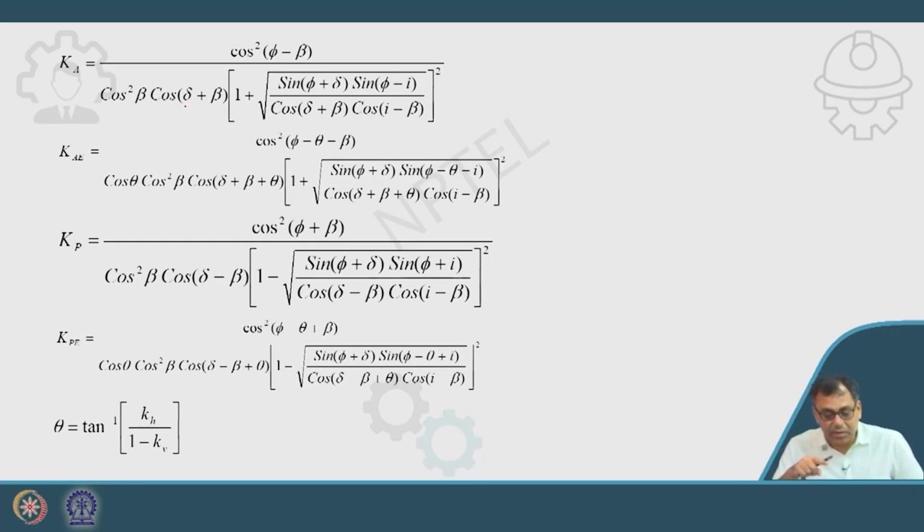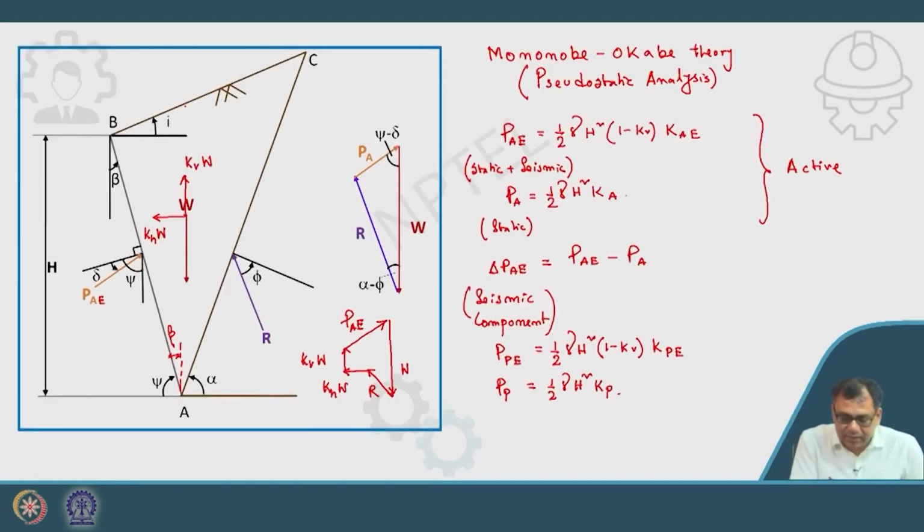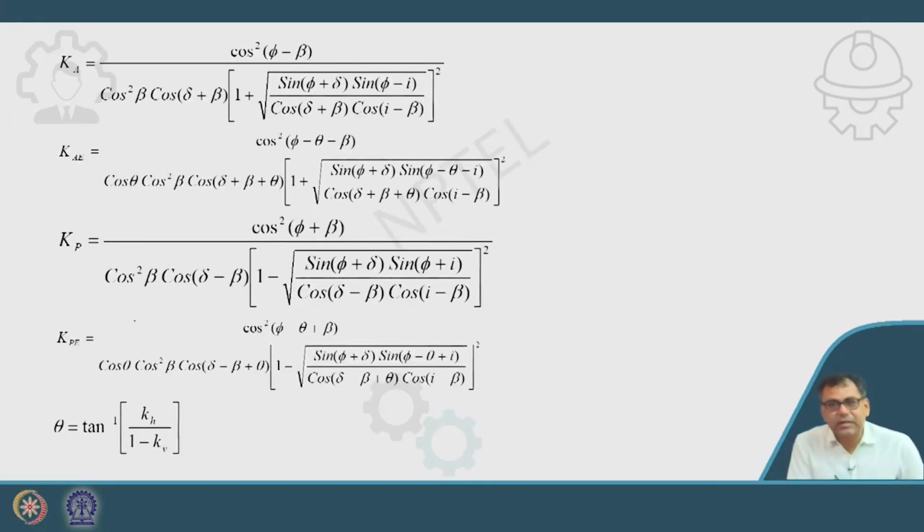And i is the angle the backfill makes with the horizontal. If it is horizontal backfill, then i will be equal to 0. For inclined backfill, i should have some value. So these are the meanings.